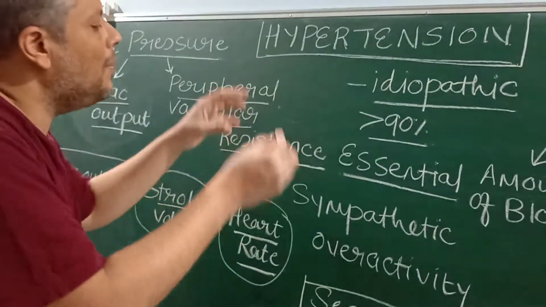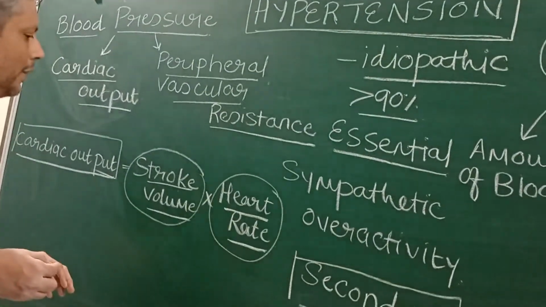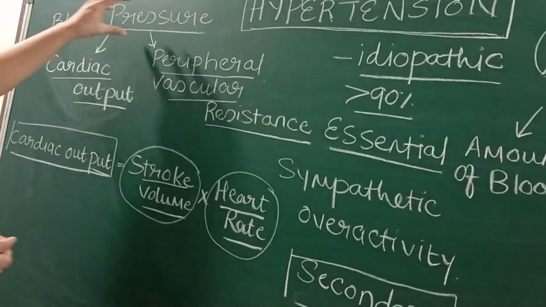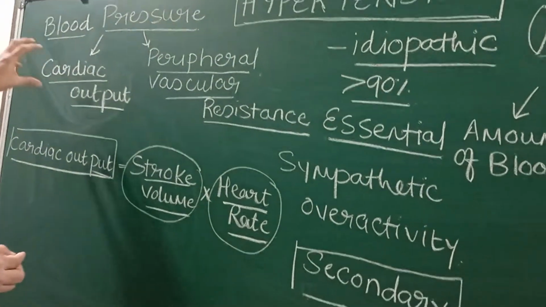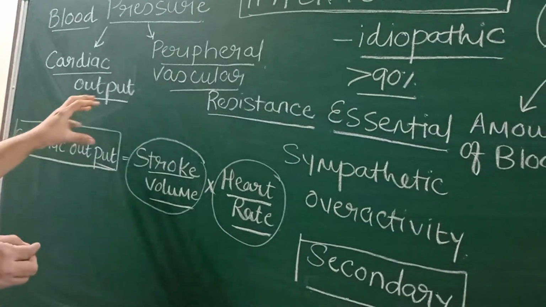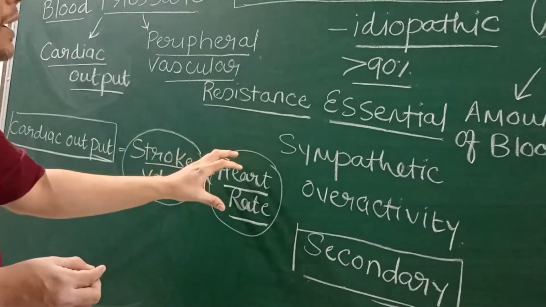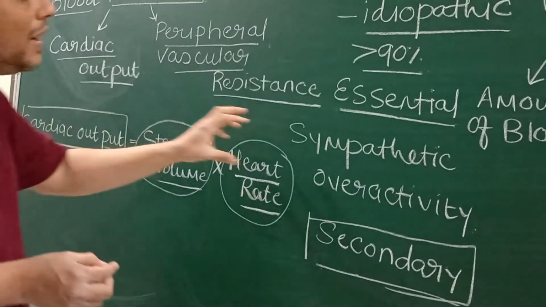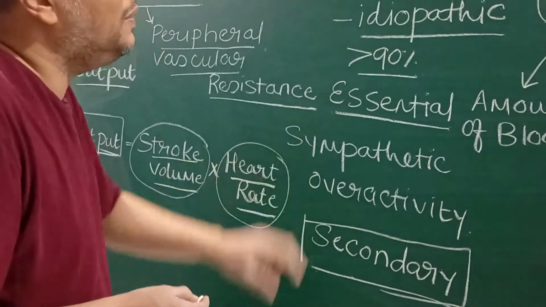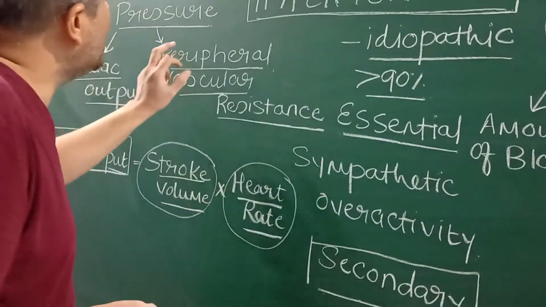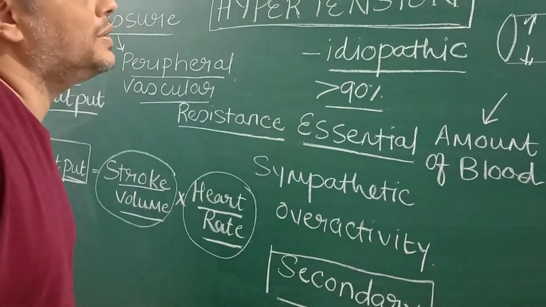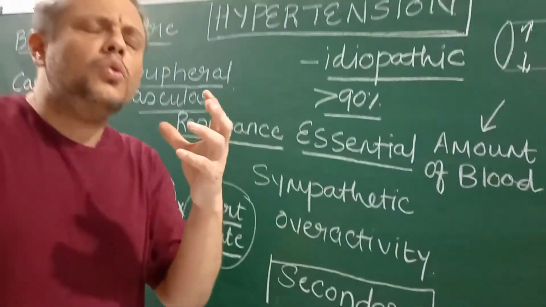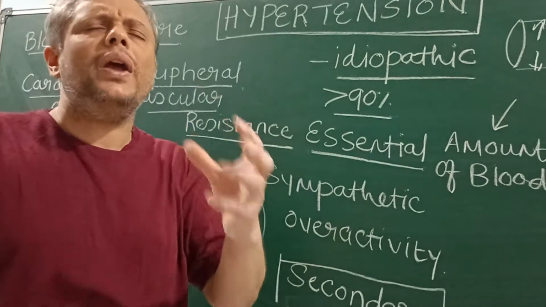But here again we come back to our point that blood pressure depends on cardiac output and peripheral vascular resistance. Cardiac output depends on stroke volume and heart rate, and that is increased whenever there is a sympathetic overactivity. Now the second parameter is peripheral vascular resistance. Now to understand this term is very important.